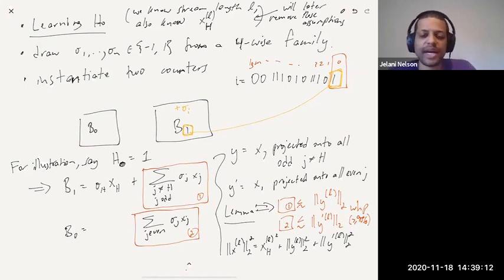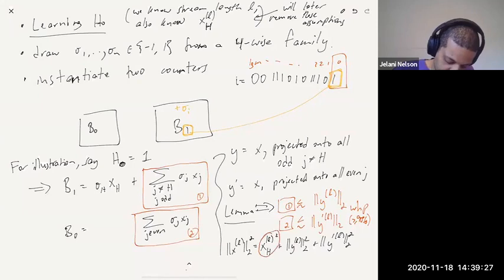The L2 norm squared of x is just the sum over all coordinates of x_i squared. So in particular, it's h plus the odd things excluding h plus the even things. And what do we know about super heaviness? This is almost everything.